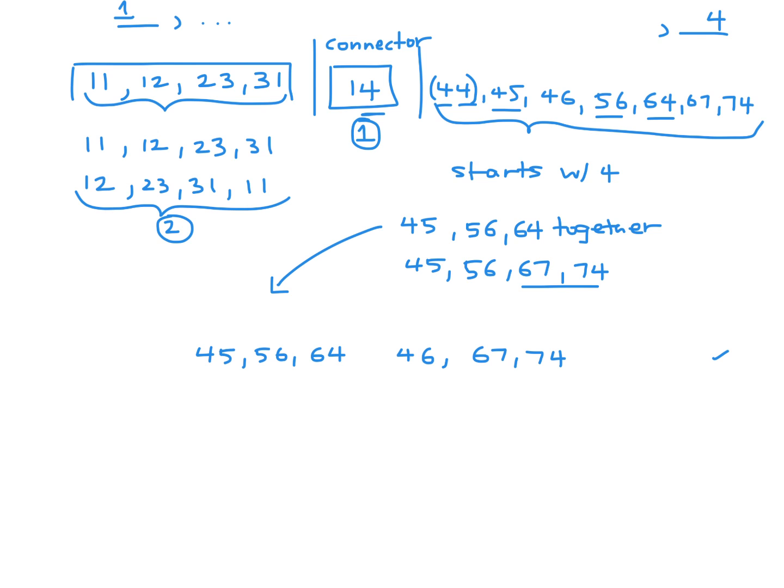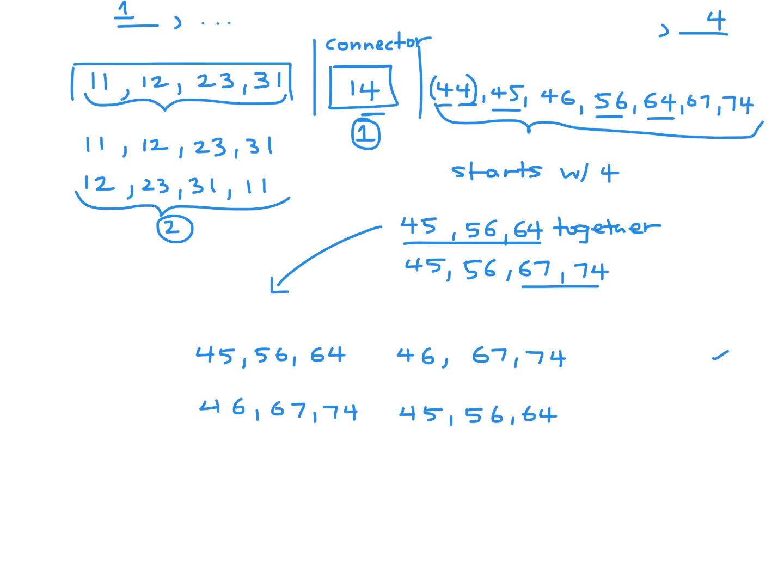Any other way of arranging this guy here? I think so. You could do a 45, 56, 64, and then you could put these guys up here in the front, 46, 67, 74, like that. So those are just a flip, I think. Okay, that's good.